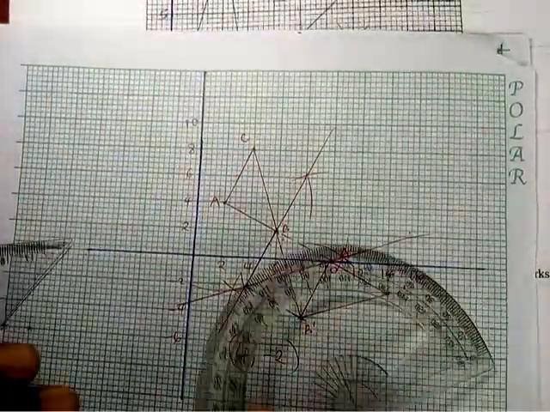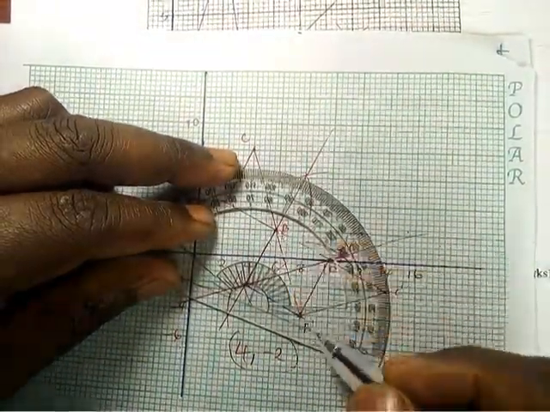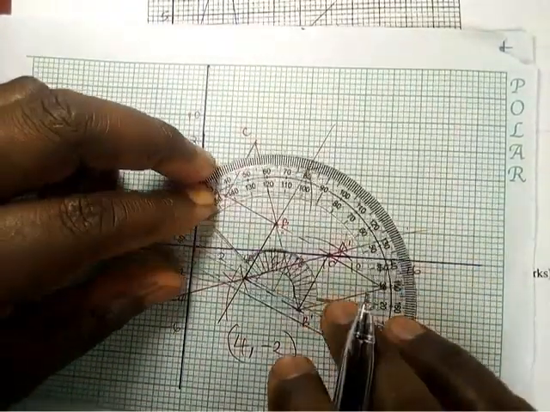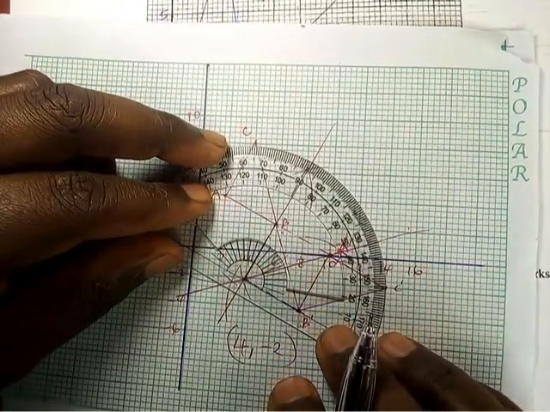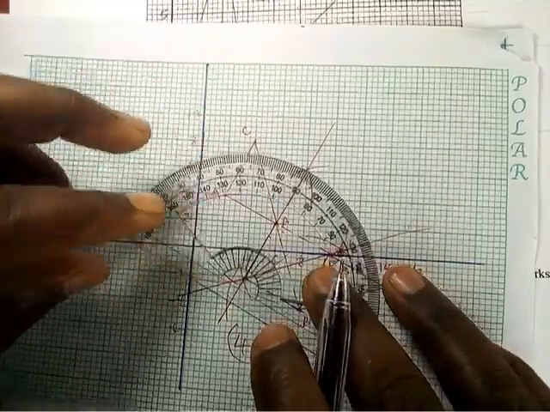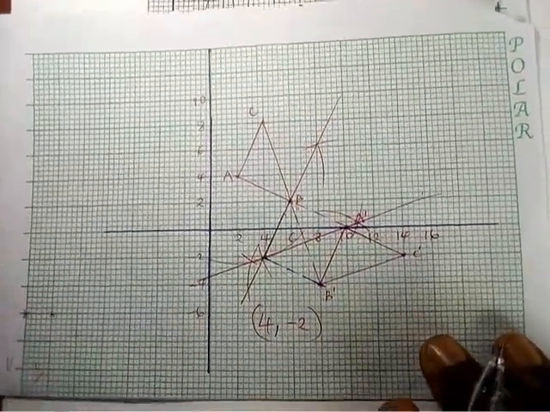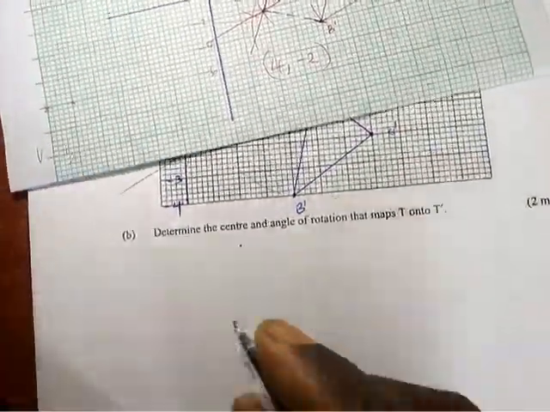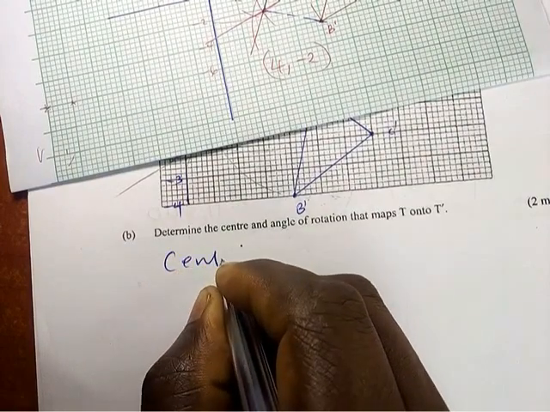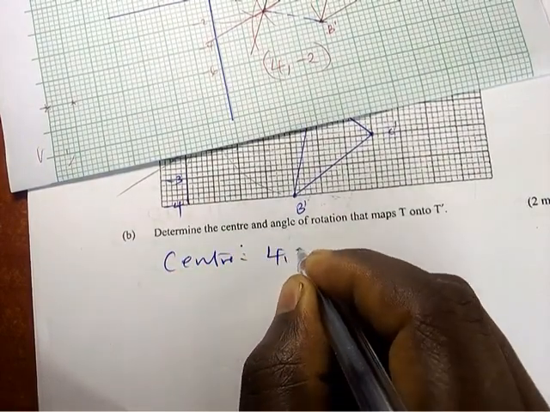So you measure from P to P prime and you get exactly 90 degrees. So it means it is a rotation of 90 degrees. So the answer will be the center is (4, -2).